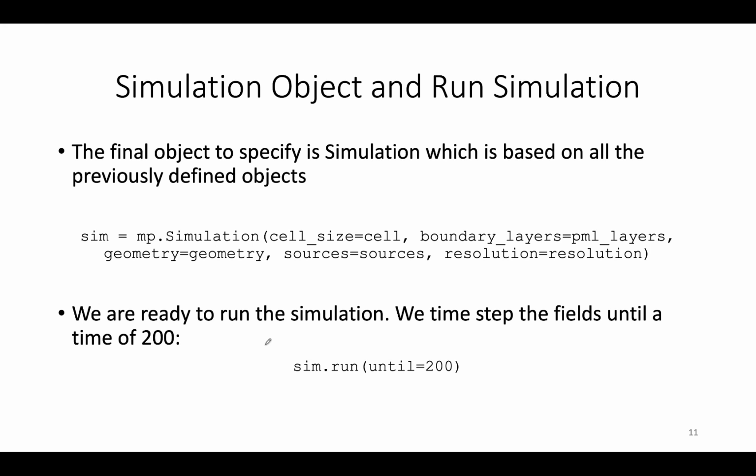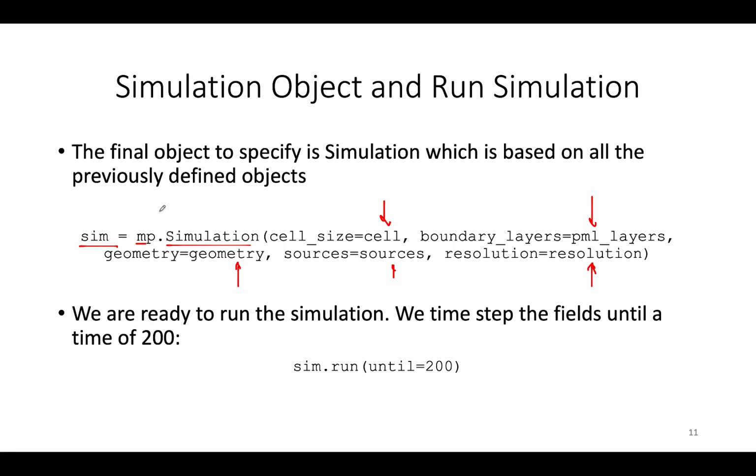So we are almost there, we are ready to run the simulation. The last step is to define the simulation object. The simulation object is based on all the previously defined objects and is defined as follows. We define sim as mp.Simulation. We provide the simulation domain, the boundary condition as PML layers, where our waveguide is, where our source is and its frequency, and then finally the resolution in space.